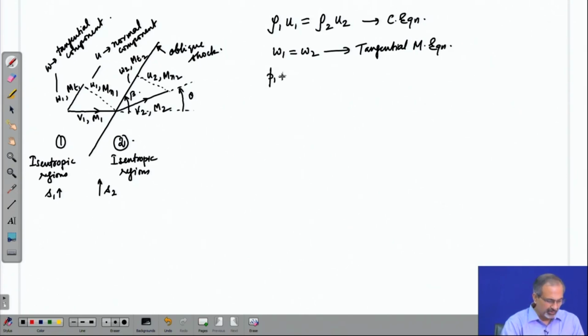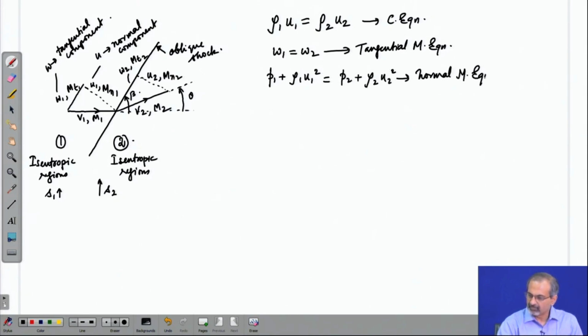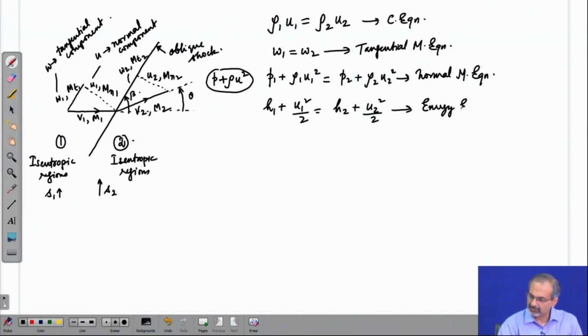The normal component of the momentum gives us the result that p plus rho u square remains conserved across the shock, and finally, the energy equation gives us the result that stagnation enthalpy remains conserved.